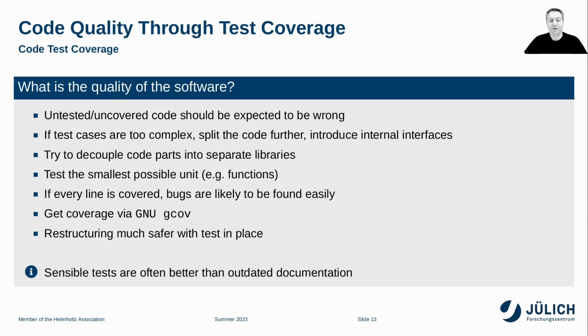If you're restructuring your code, this is also much safer if there's already a test in place, because the functionality should be the same and restructuring should just make it cleaner and more maintainable, and the test should still be correct. And if for some reason you miss something and a bug occurs, then you immediately see what's going on if you test.